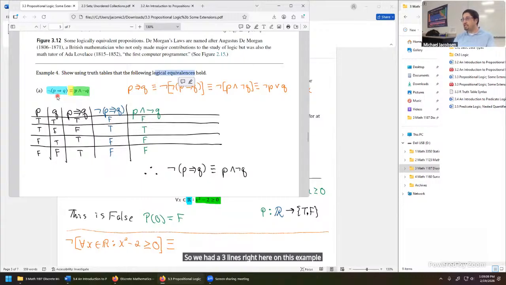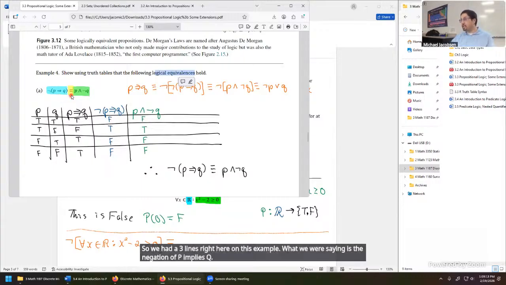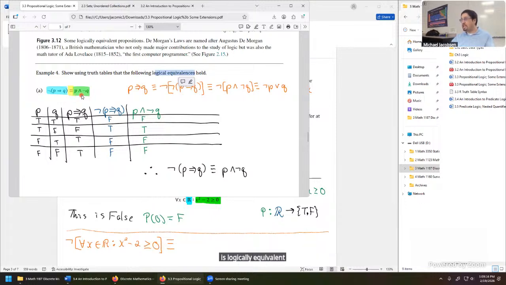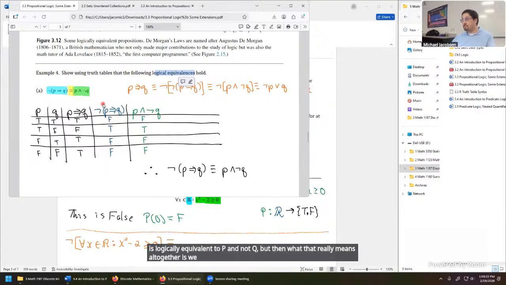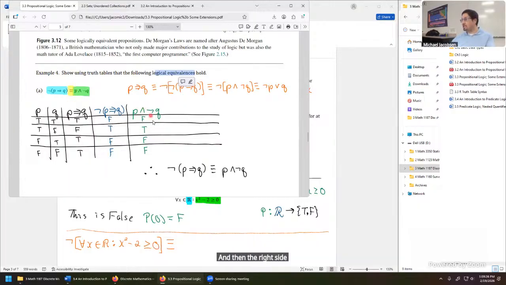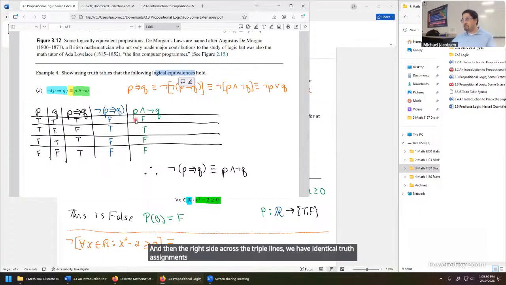What we were saying is the negation of P implies Q is logically equivalent to P and not Q. What that really means is that across the triple lines, we have identical truth assignments. One side's false and so is the other. The other side's true and true, false to false, false to false.